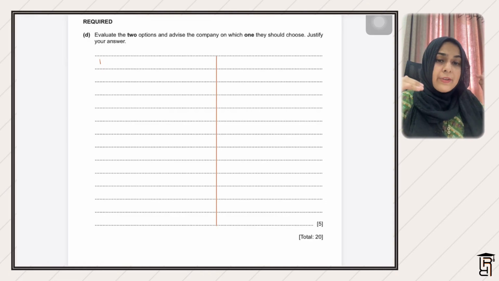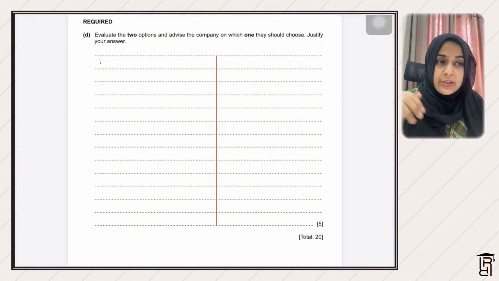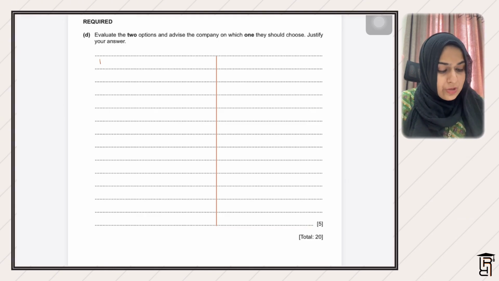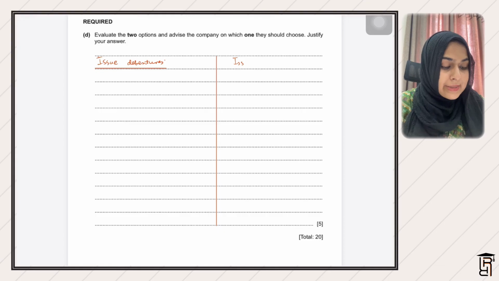But if we issue additional ordinary shares, that means now more shareholders will own the company. So that dilutes the ownership of the current shareholders, because the ownership will now be shared with more people.